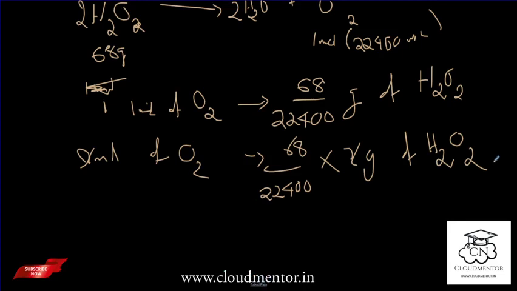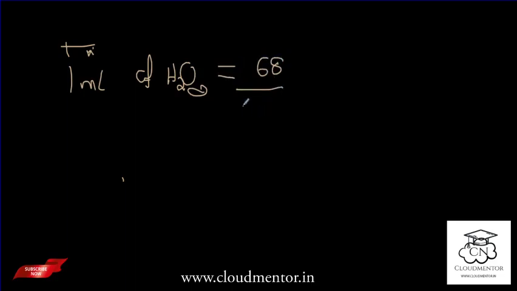Thus we can write: 1 milliliter of H2O2 is equal to 68 divided by 22,400 multiplied by x gram. This is by definition. And density we can find, as density will be equal to gram per milliliter.